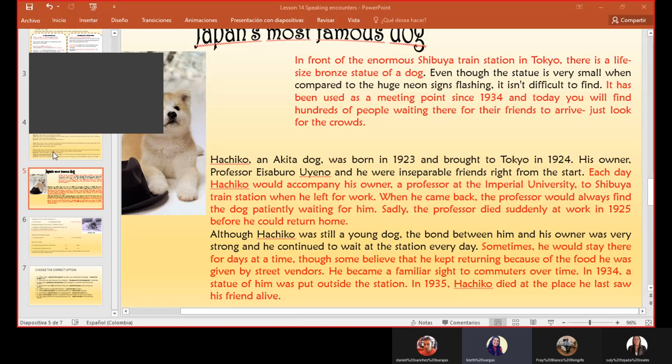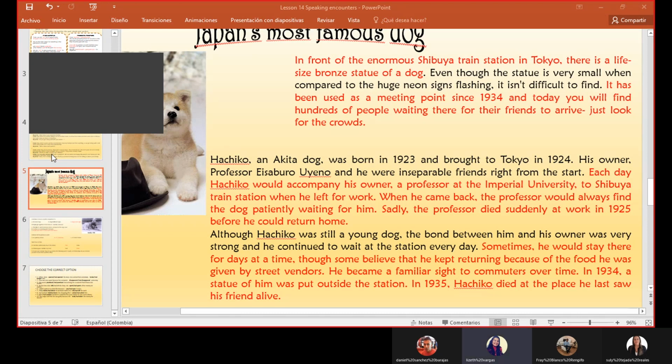Sometimes he would stay there for days at a time. Some believed that he kept returning because of the food he was given by street vendors.